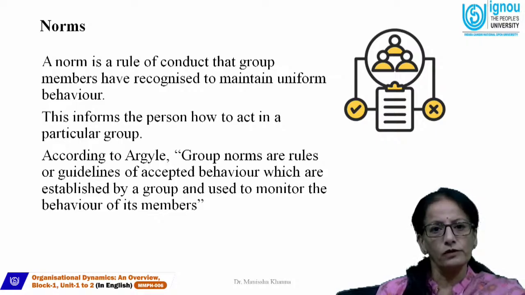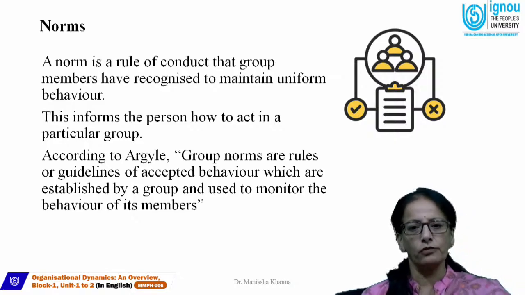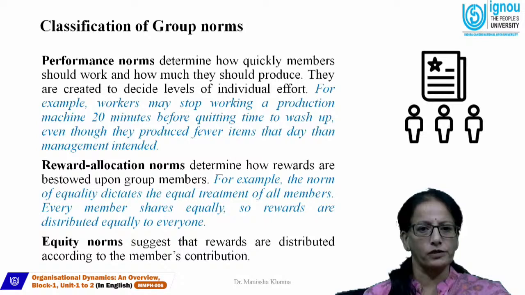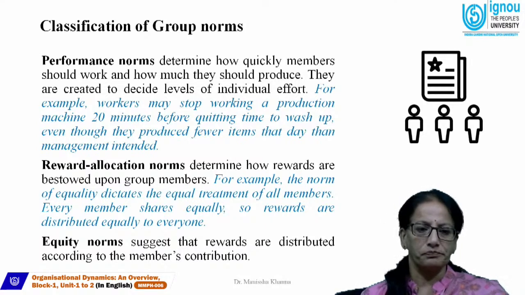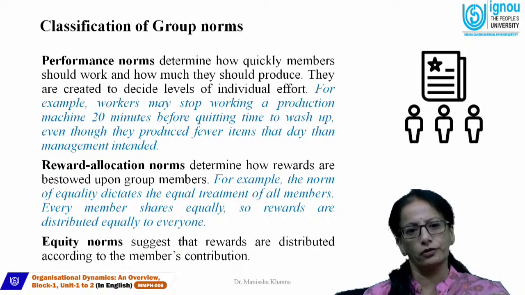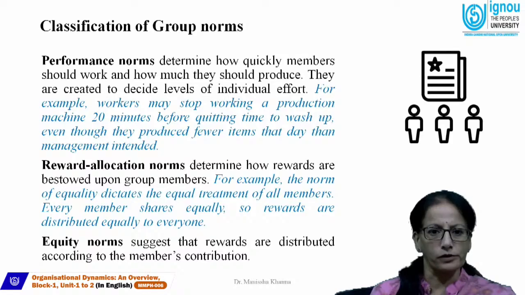The norms are known as the rules of conduct that group members recognize to maintain uniform behavior. Group norms are guidelines for accepted behavior, established by the group and used to monitor the behavior of its members. They are mainly based on performance norms, reward allocation norms, or equity norms.